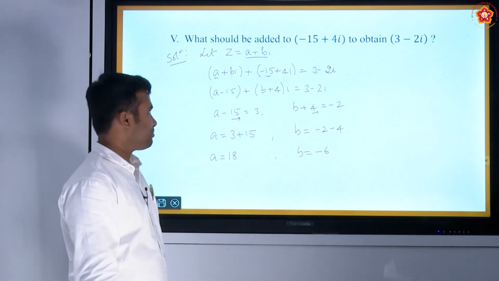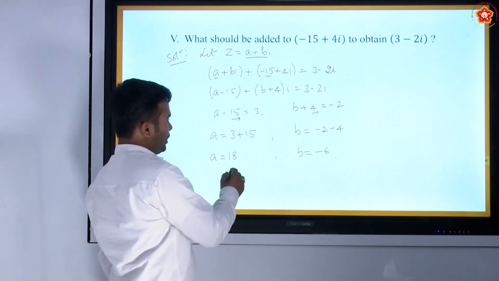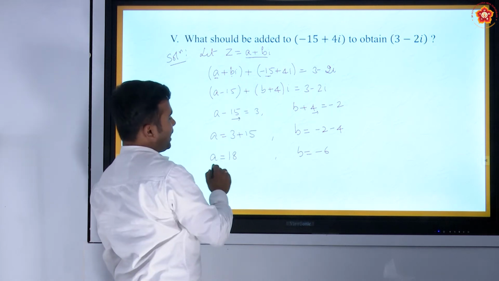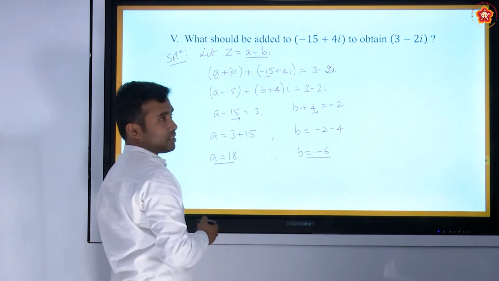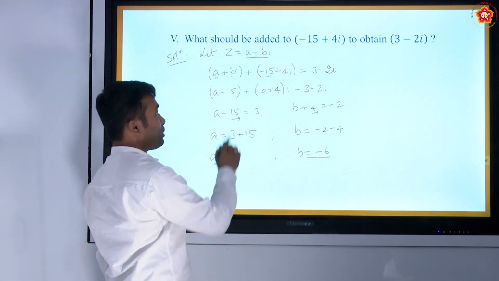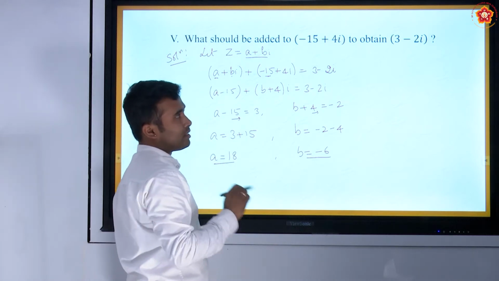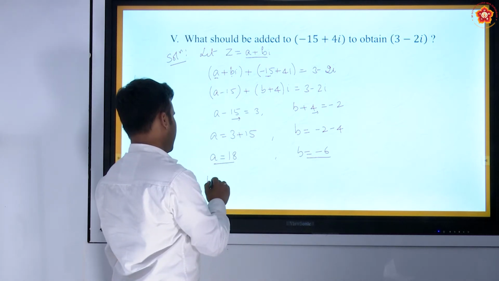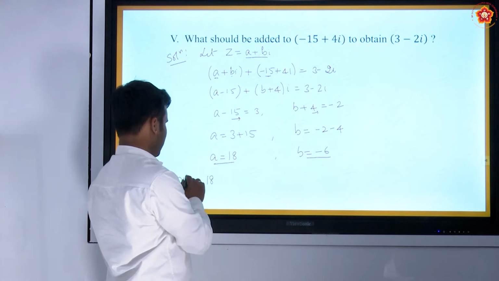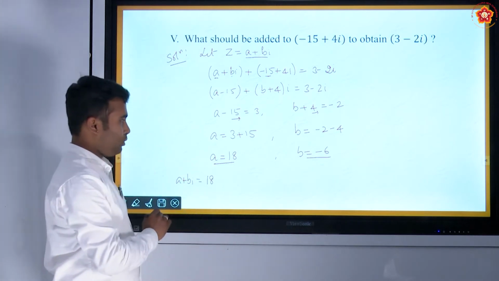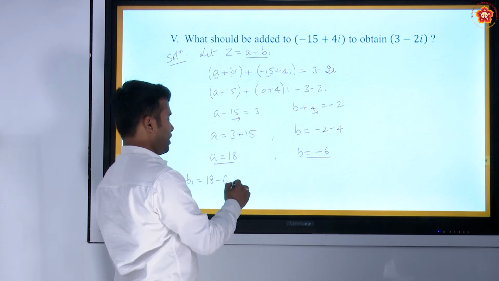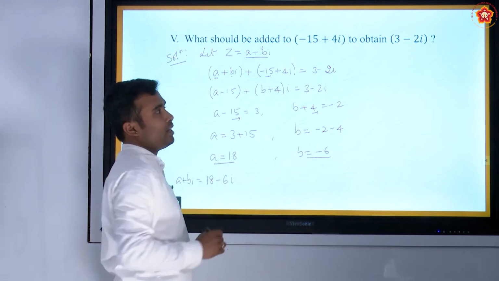So b is equal to minus 6. So now what should we add? a plus bi. What is a? 18. b is minus 6. So what we should add to minus 15 plus 4i to get 3 minus 2i is 18 minus 6i. We should add this to that to get 3 minus 2i.